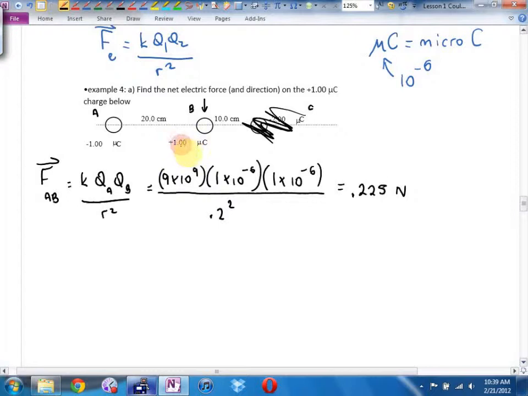Look at the number, people. You guys are really overcomplicating this. You with me now? Are these charges like or unlike? Repel or attract? So this gets pulled to the left.